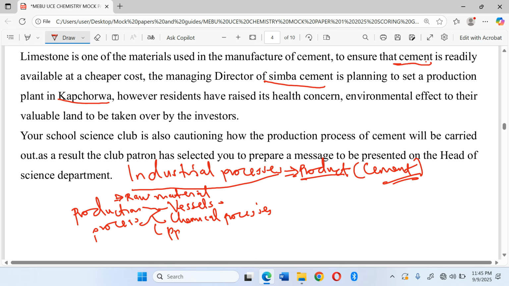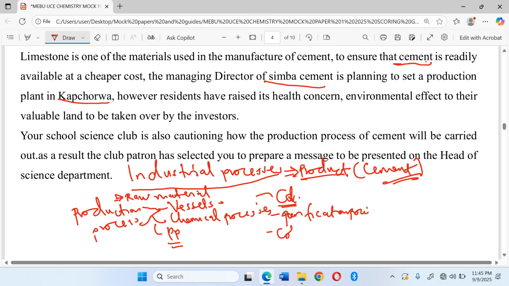Identify the physical processes that are taking place. Talk about the conversion to the desired product. We want to see a step when the desired product is being produced. We want to see the purification process.